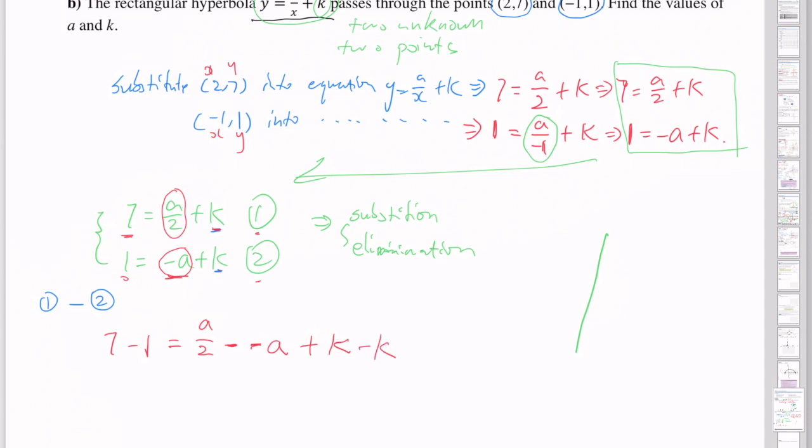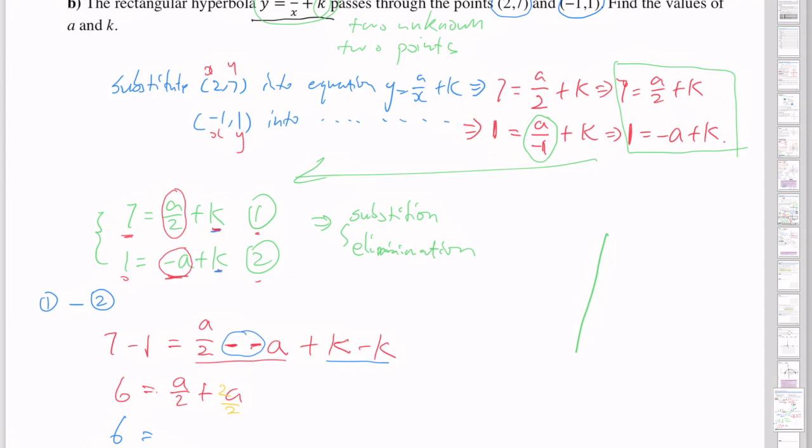Then we will have on the left hand side of the equation 6, and that part will be a over 2 plus a, because the negative and the negative become positive. And then k minus k is 0, so we don't write anything. And then 6 will be equal to a over 2 plus a, so that a can be rewritten as 2a over 2, because the 2 over 2 can be cancelled out, so it's still the same.